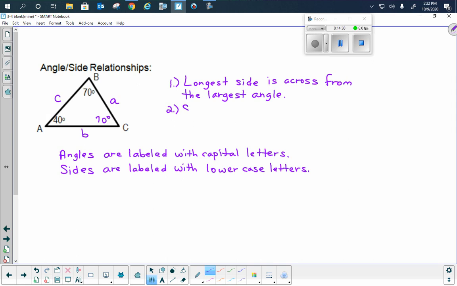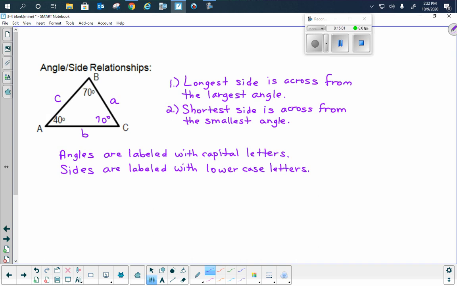And likewise, the shortest side is across from the smallest angle. And then the medium length side is across from the medium measure angle, if you will.